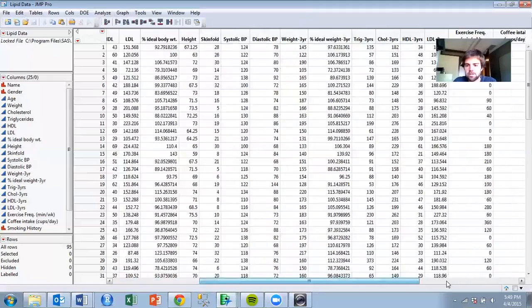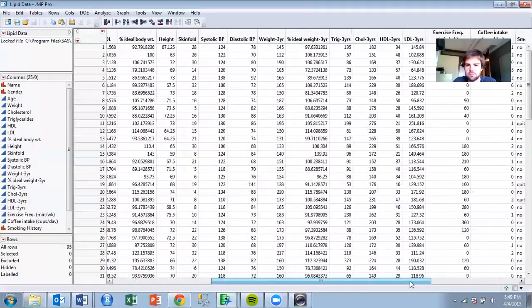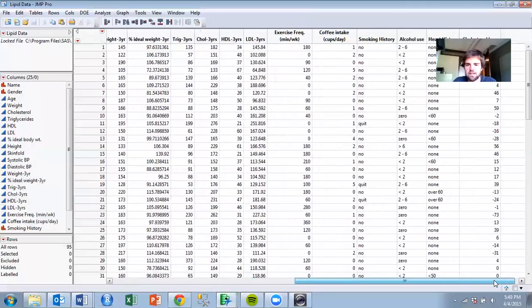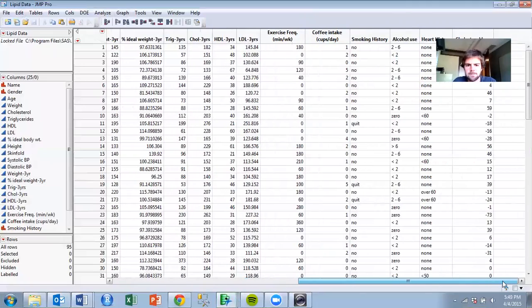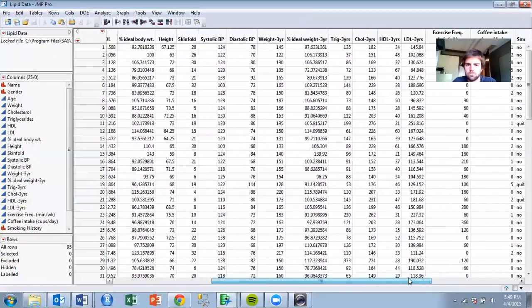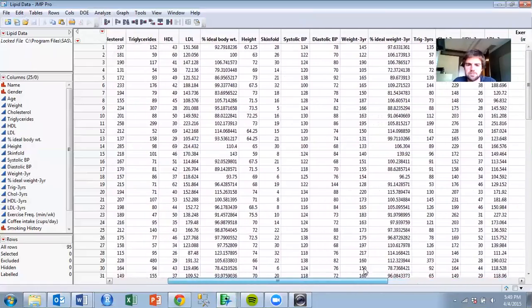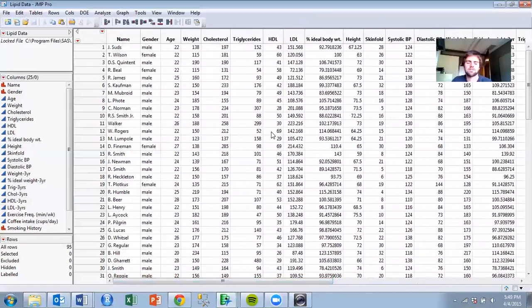I'm not really sure what the big takeaway is in this data set, but we can try to predict some stuff and see how well it does, but that doesn't really matter in terms of just being able to interpret the results.